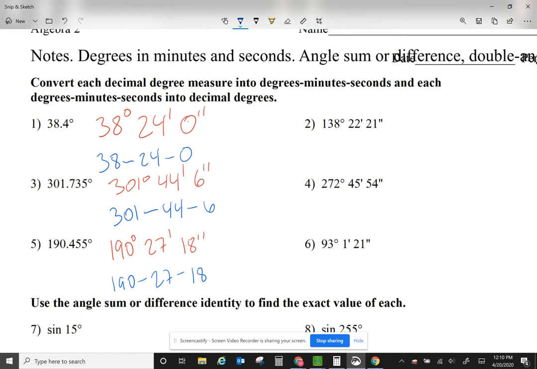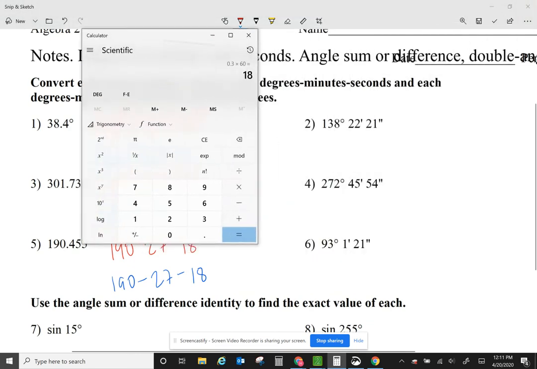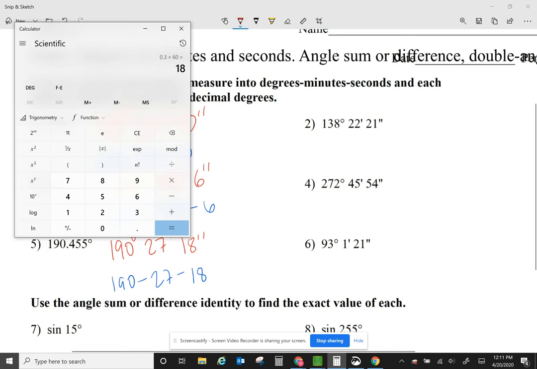All right, so what about the other case? What if I'm given the questions in minutes and seconds, but I actually want the decimal? In this case, let me move my calculator to this side. I'm going to start with the seconds, the smallest measurement. I'm going to divide by 60.